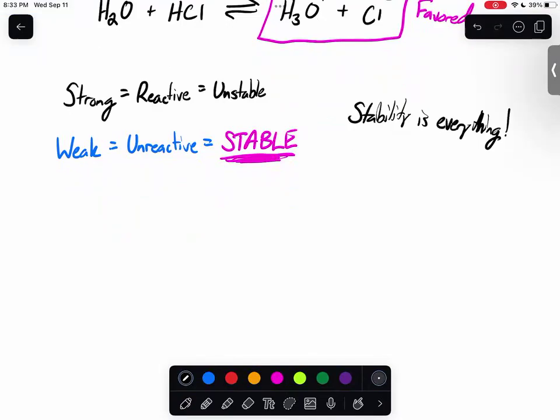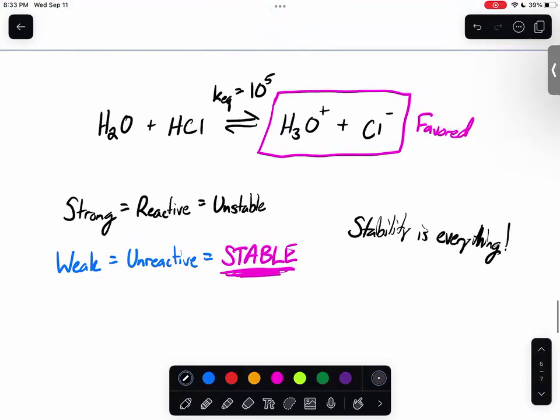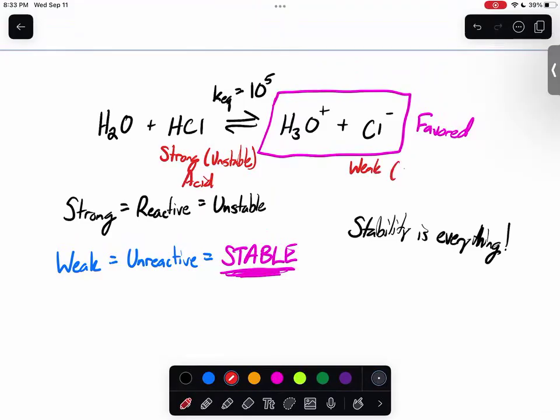So looking back up at this reaction right here, we said that HCl is a strong, or as we like to say, unstable acid. And it makes Cl minus, which is a weak and stable base.